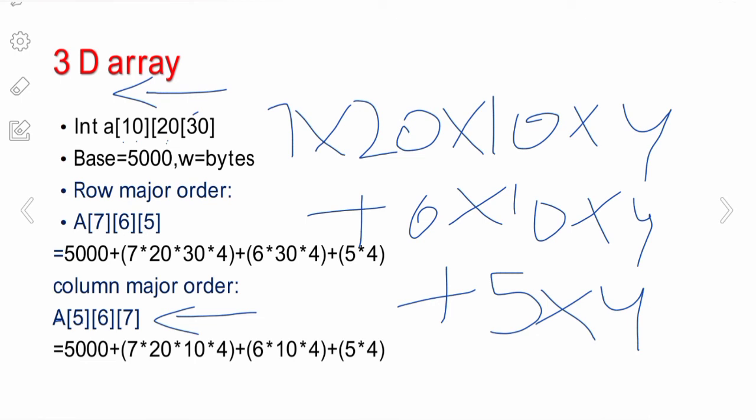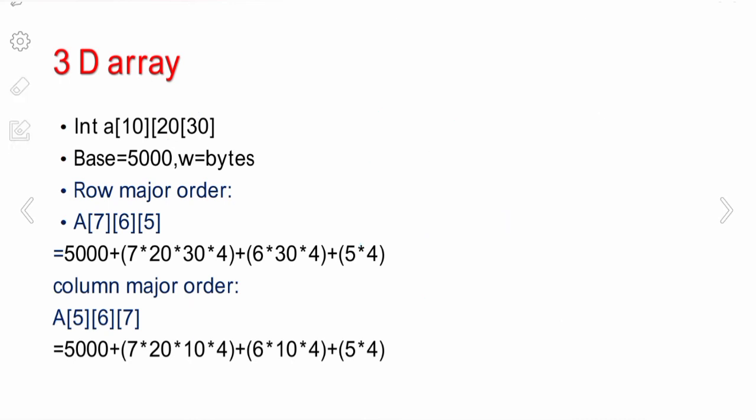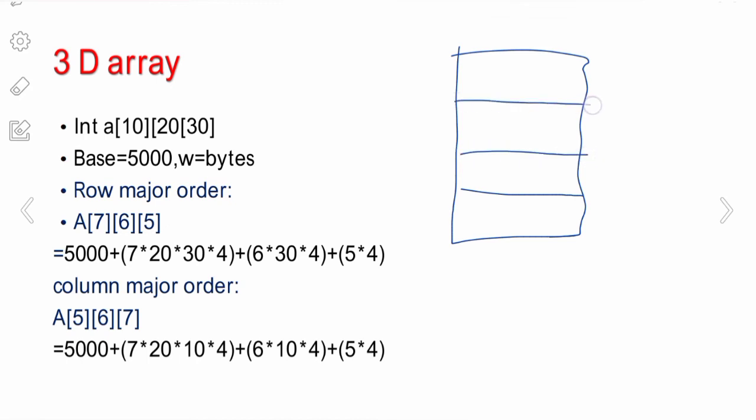So instead of learning the formula, this is the best method to calculate the array location. For the 3D arrays, the real-time example is apartments. So in a particular apartment there will be 4 floors.